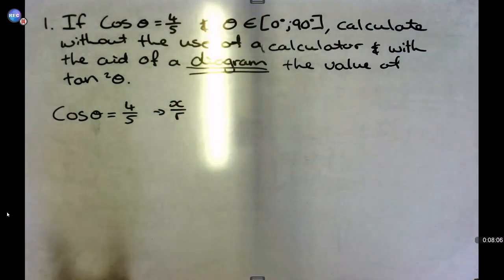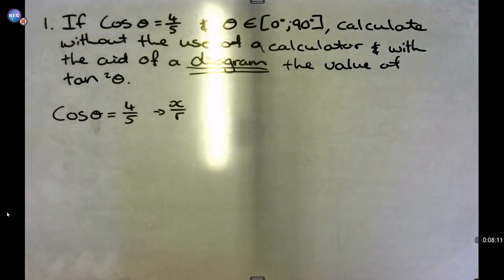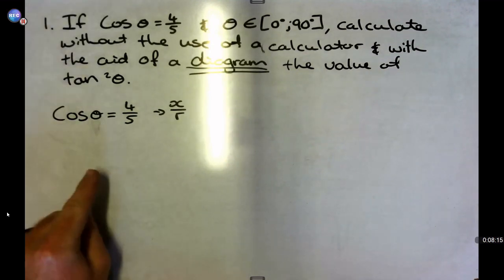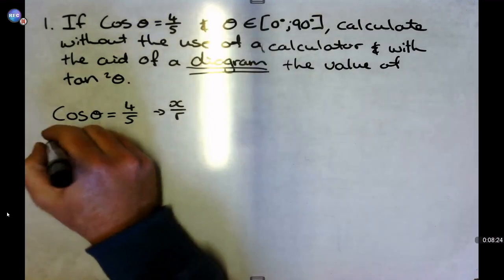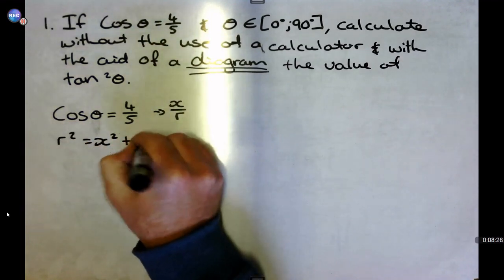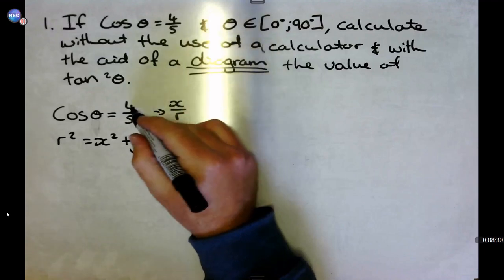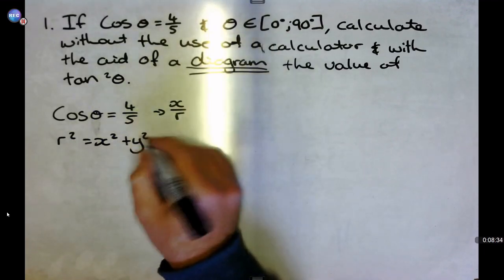So you already have two of the sides of your right angle triangle. Now you need to use Pythagoras to calculate the other side. Remember I said to you, trigonometry only works with right angle triangles. So, r squared equals x squared plus y squared. You've got x's value, you've got r's value. We need to calculate for y.